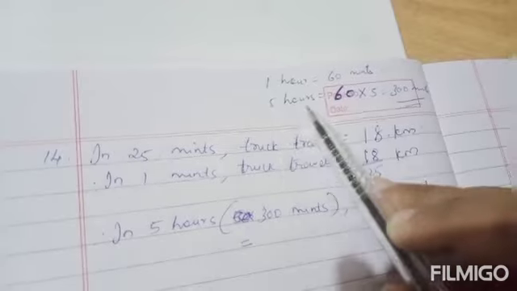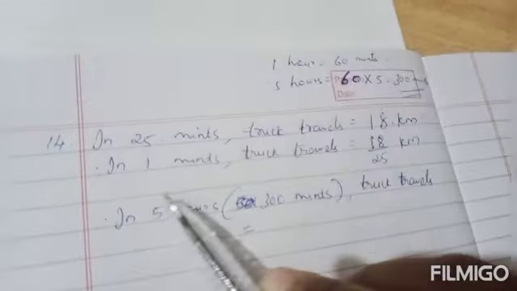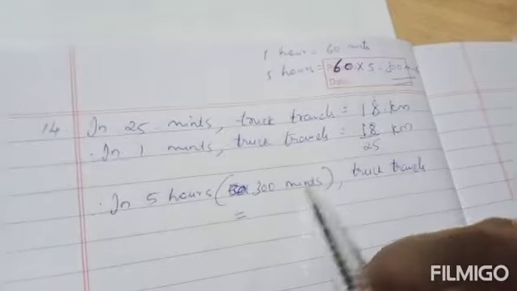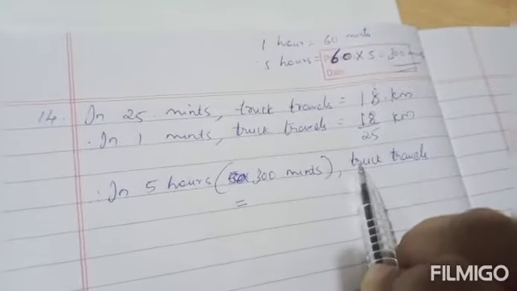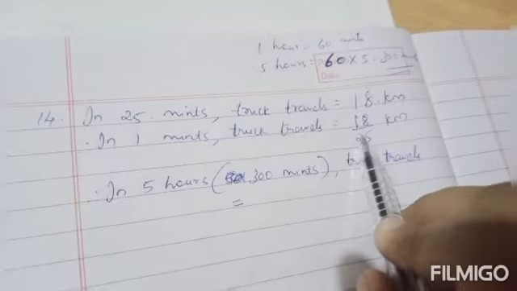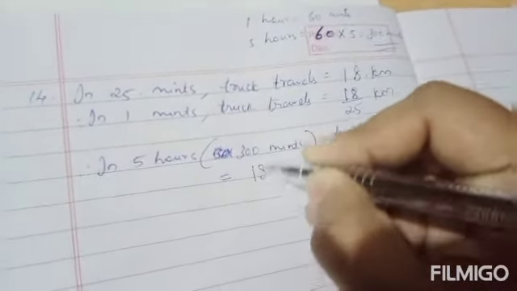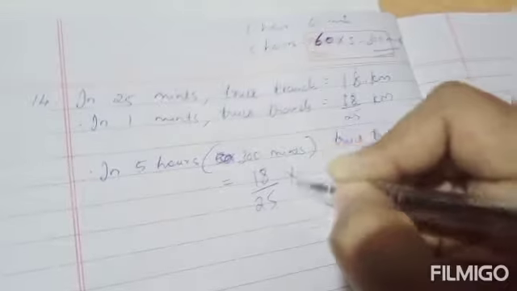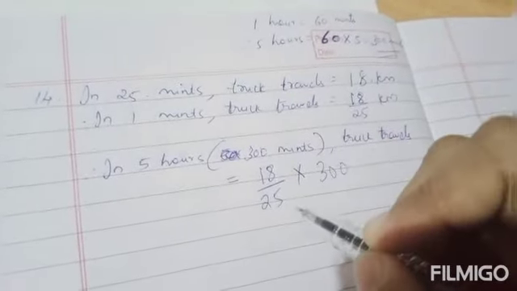So 5 hours is 60 into 5, 300 minutes. Okay. So in 300 minutes, how far the truck will travel? That you need to find. How can you find? In 1 minute, how far it will travel? That is 18 by 25. That into 300. Okay.